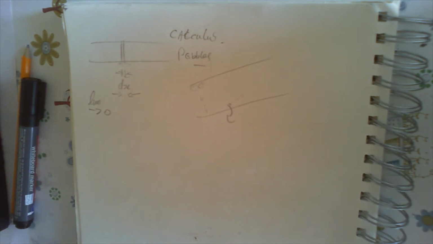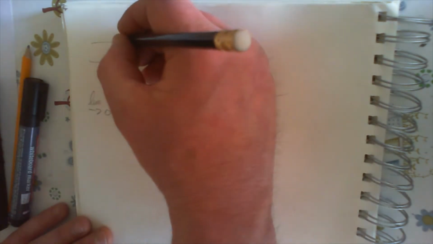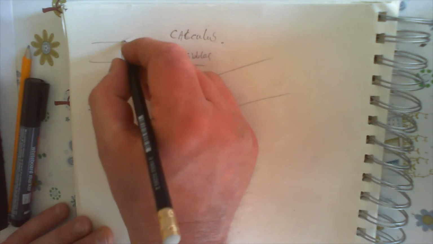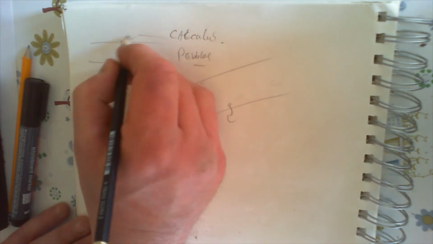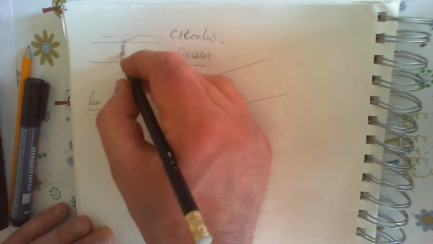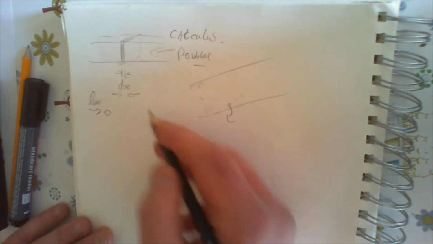What we're going to do is look at a tiny bit here, say this was a slice we were talking about, so that becomes an area.